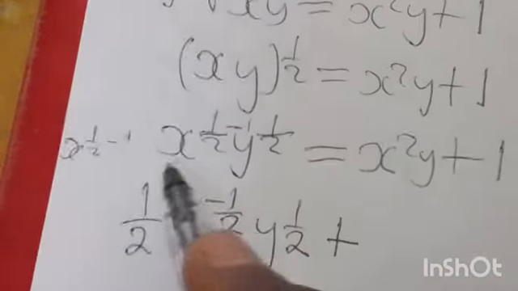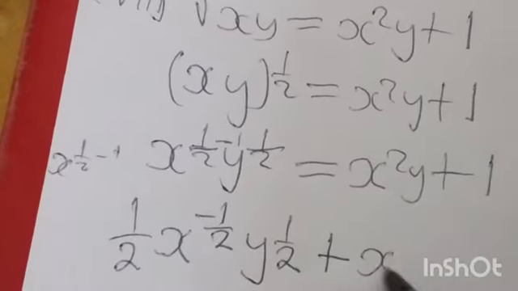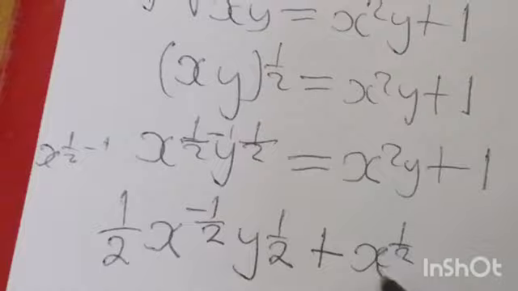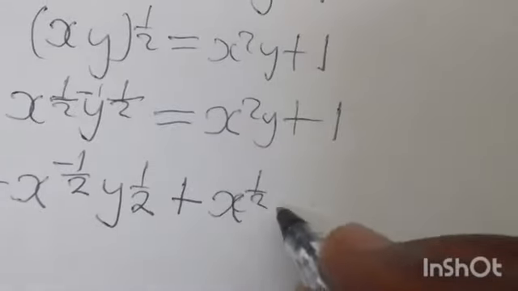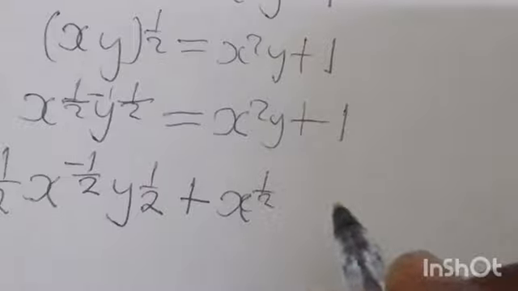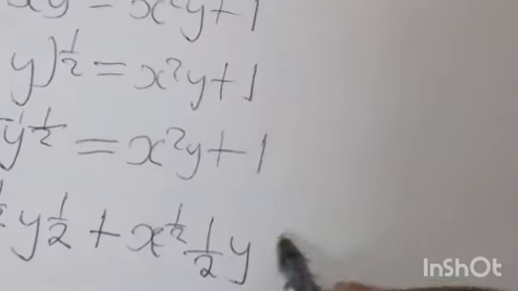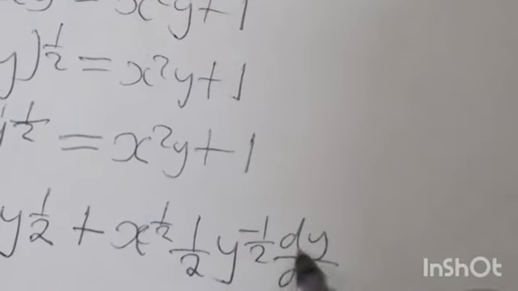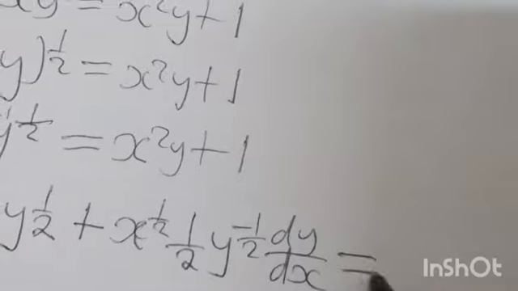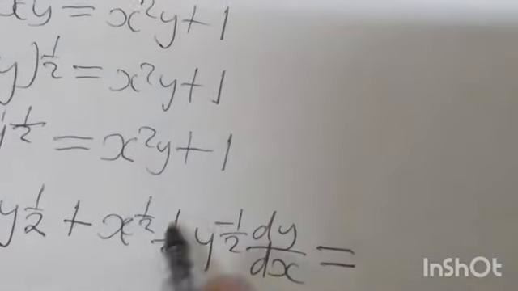Then y to the half will still remain, plus this time x to the power half we maintain, and differentiate y to the power half. Differentiation of y to the power half is simply 1 over 2 y to the power negative half dy over dx.